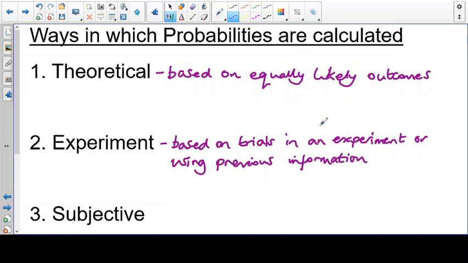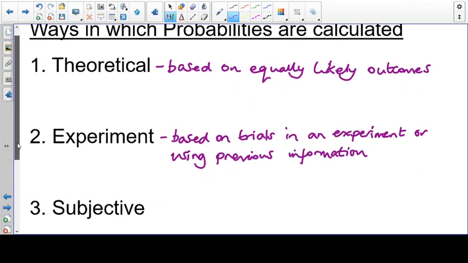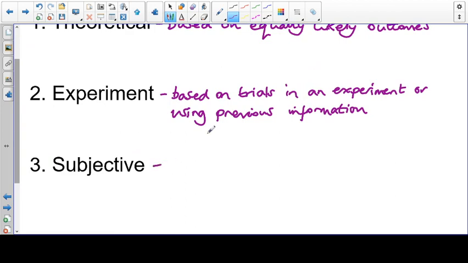So loads of different information is gathered for then a probability of it winning to be given. So that's experimental probability. So either a physical experiment or using previous information. Subjective is just a matter of opinion, really.